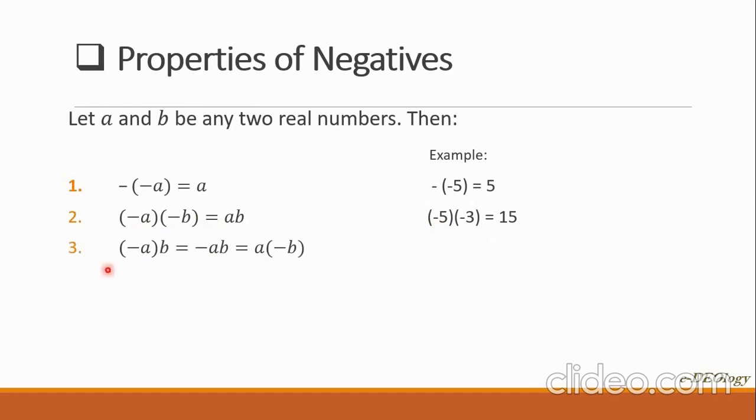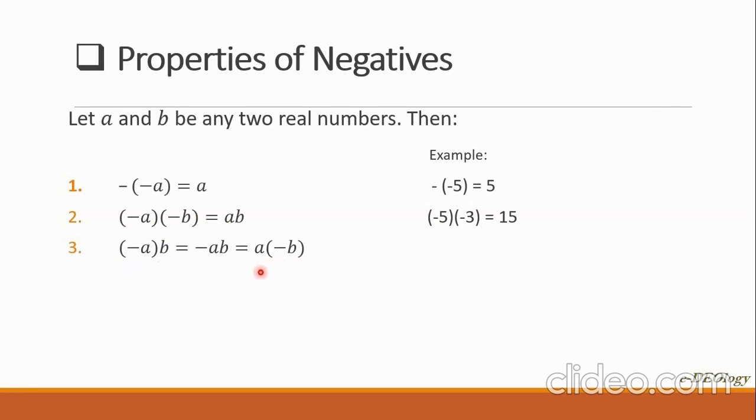The third one is when we multiply two numbers of opposite sign, one is negative, the other is positive. As you see here, this is negative a multiplied by positive b. On this rightmost part, a is multiplied to negative b.